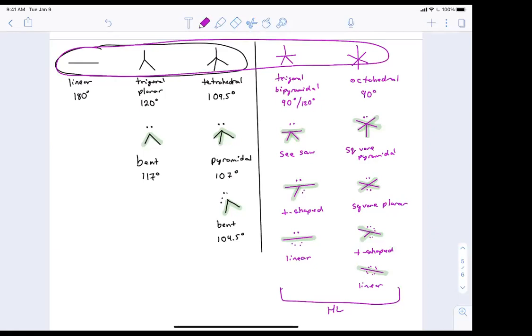Questions about that? Now, remember, the reason why it's linear at the bottom part for higher level is because the lone pairs all cancel each other out. Their vectors kind of cancel each other out. So that way, everything else is just a line. Whereas in standard level, when you have a lone pair, there's an unbalance there, which causes everything else to bend away from it. Hence why you get a pyramid or why you get bent shapes with the trigonal planar bent and the tetrahedral bent.